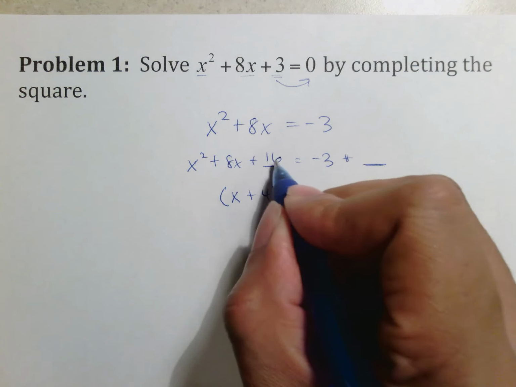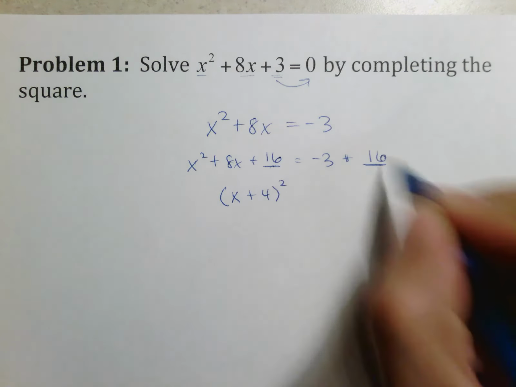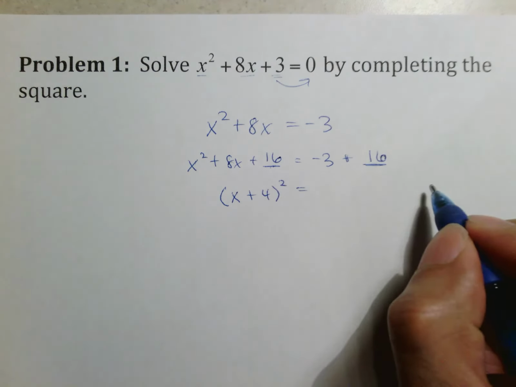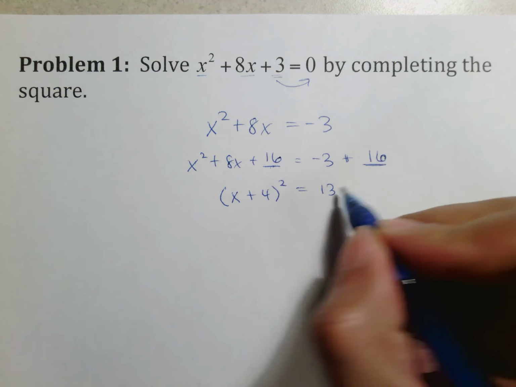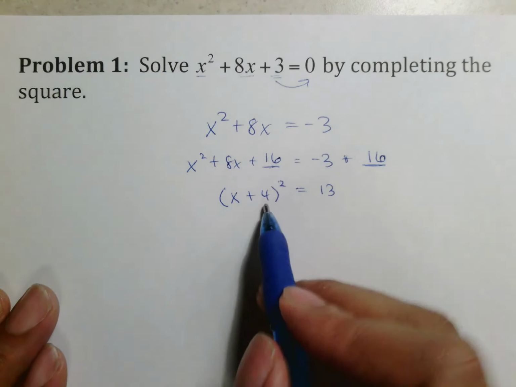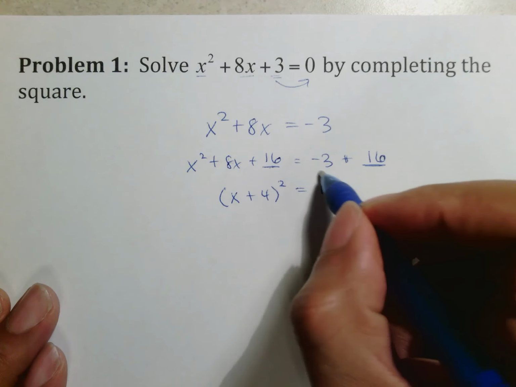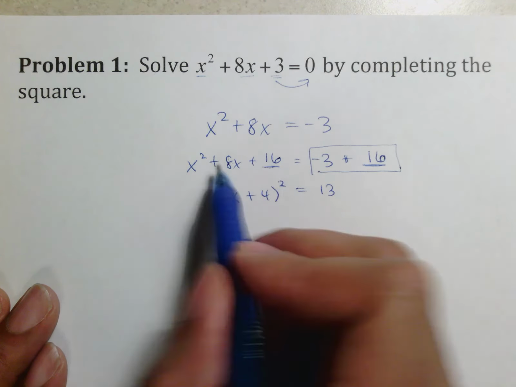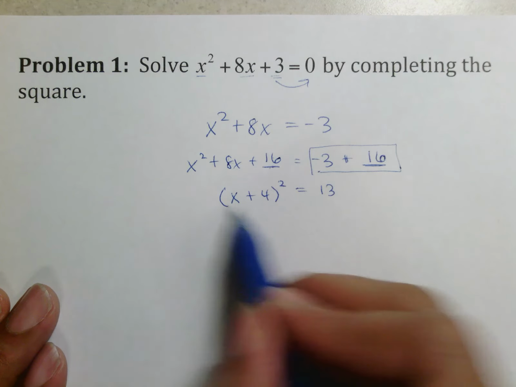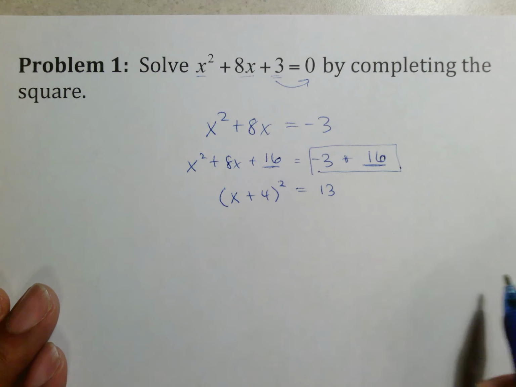And if we just made a 16 out of nowhere, we also have to put a 16 over there. And then this turns into 13 because negative 3 plus 16 is 13. Again, all we did was we added the 16 to both sides, and then we simply simplified the side over here. We didn't need to simplify this side because we know this turned into that perfect squared trinomial or perfect squared factored form.